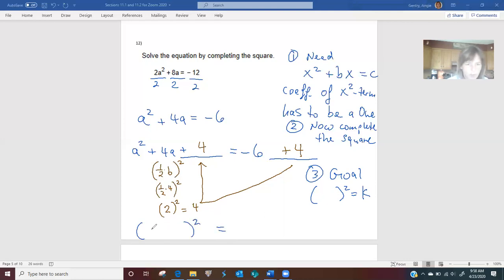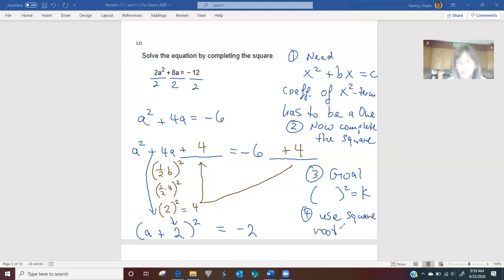That something squared, in this case, is this is an a, this is a plus 2, the inside goes inside, you see? The outside went outside, but whatever you do to one side of the equation, you have to do to the other. And then you have a -6 plus 4, which is a -2. Now you have something squared equals a constant. Then use the square root property.